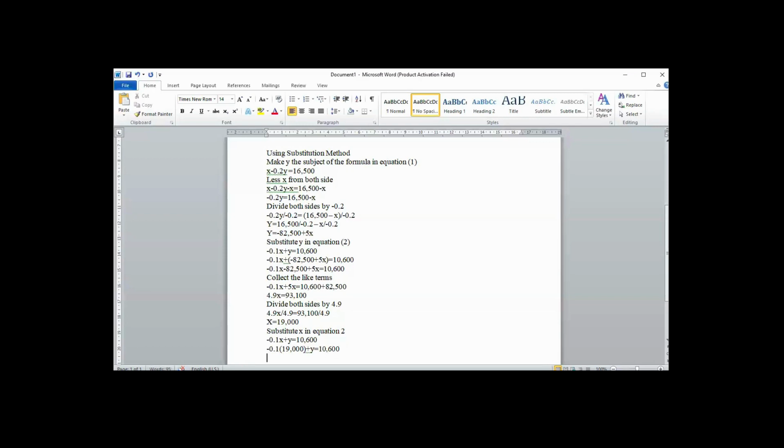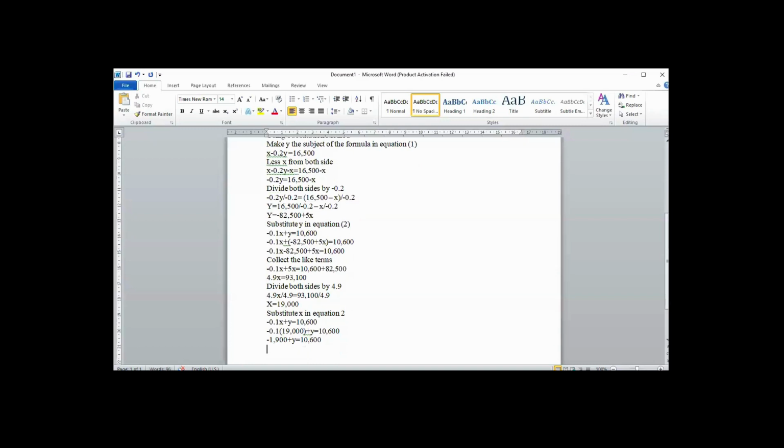Then when we multiply 0.1 times 19,000, what do we have? 0.1 times 19,000 should give us 1,900. So minus 1,900 plus y equals 10,600.